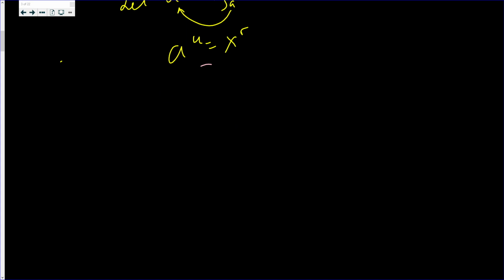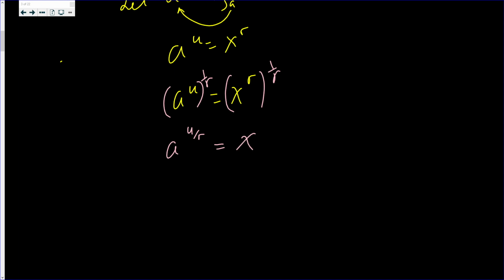I prefer just to get a to a power equals a constant. So what I'm going to do over here is raise both sides to the 1 over r power. On the left side I get a to the u over r, and the right side I just get x.